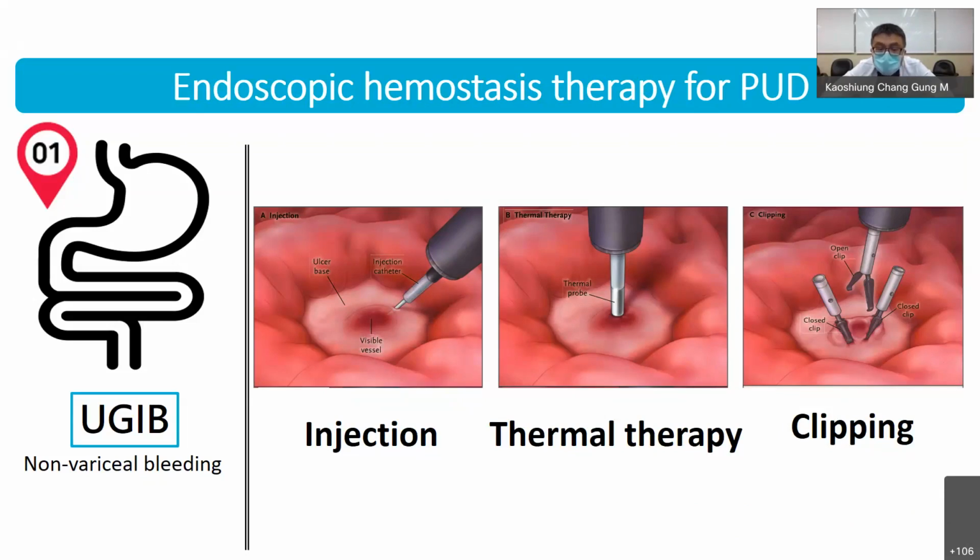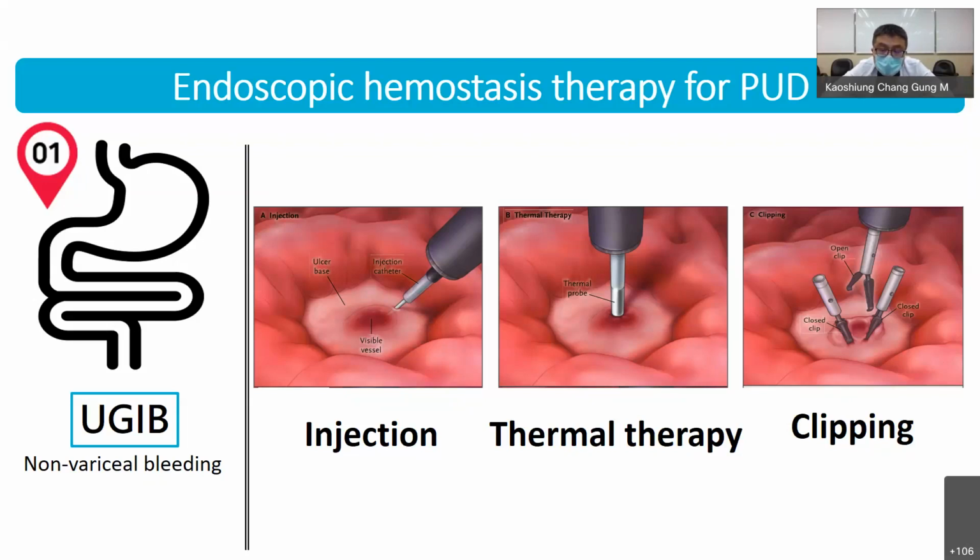We can use injection needles to inject epinephrine or sclerosing agents at the ulcer base. The second one is that we can use a thermal probe, like the APC or gold probe, for patients who have active oozing vessels or an active oozing wound.